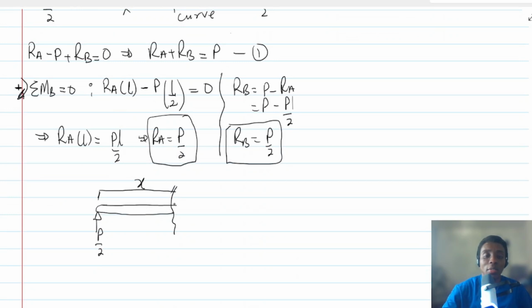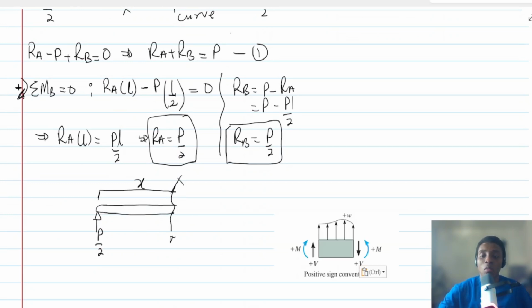Having known this, let's start. We will talk about the deflection very soon. But before we can continue, this is our section XX, and we need to introduce something important here. We are going to introduce this and then use it to solve the problem.